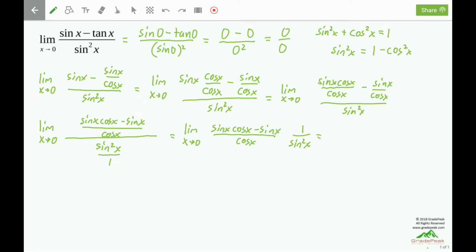And then multiplying these together gives me a numerator, sine of x cosine of x minus sine of x times 1, which doesn't change it. And in the denominator, we have sine squared of x cosine of x.